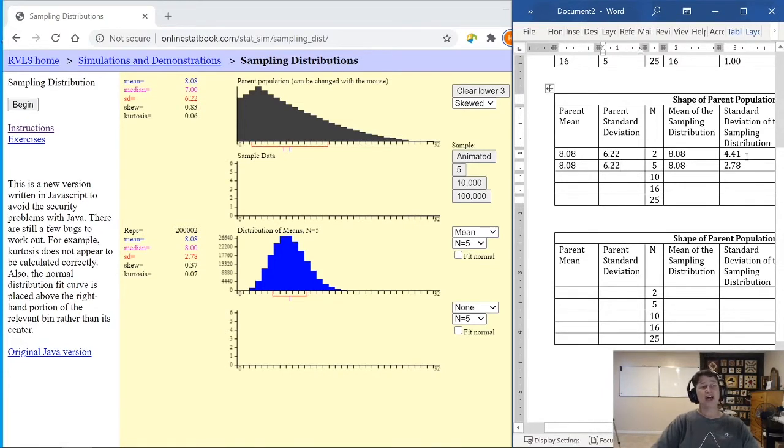So notice that when I increased my sample size, that standard deviation really did get smaller. Let's also look at the shape of this distribution. Notice that the shape is not as skewed right as it was. It's getting more and more symmetric. Let's see if that continues if I make my sample size even larger.